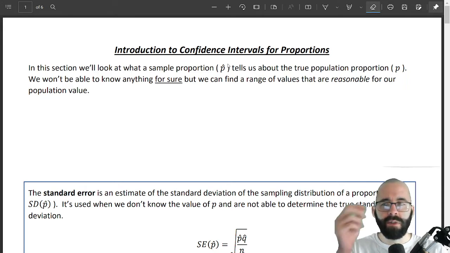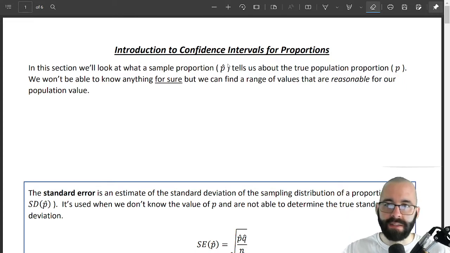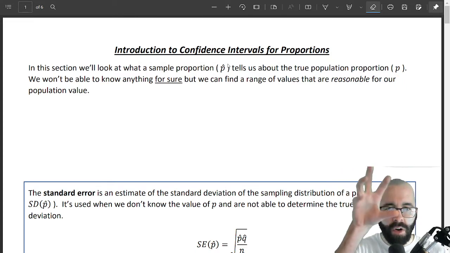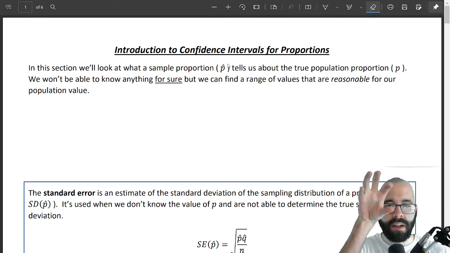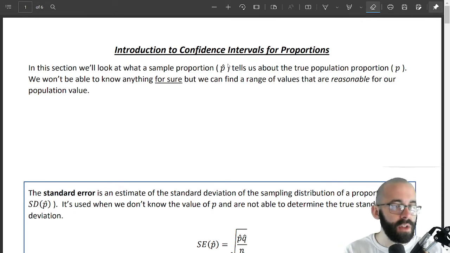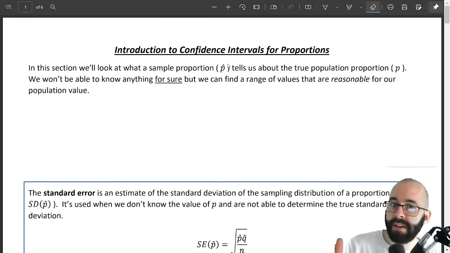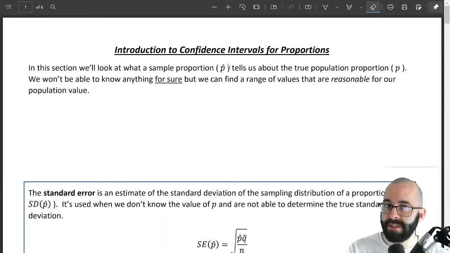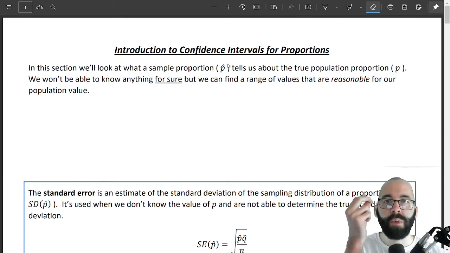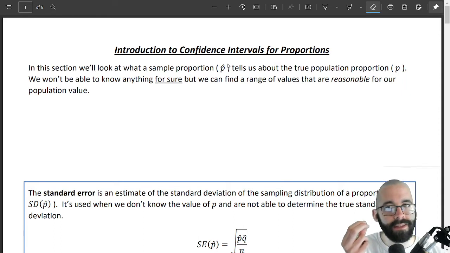Right? So in general, we talked about sampling distributions last time. P hat, every time we take a sample, is going to kind of bounce around, but hopefully it should be mostly near p. And if we have a couple conditions, randomization, independence, sample size conditions, p hat will be bouncing around with a normal distribution.